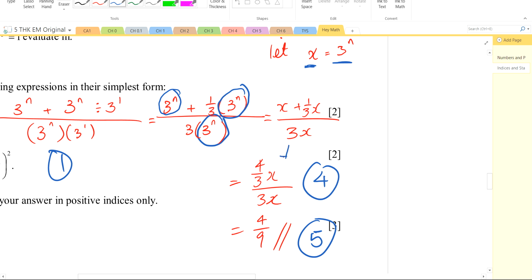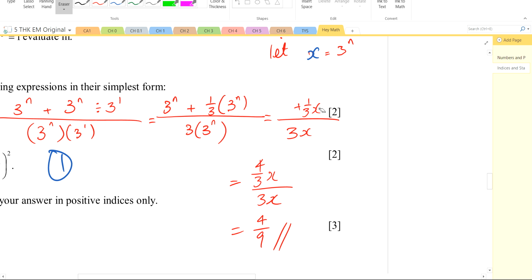So from this step to this step is simply x plus 1/3 x. We all know it's 4/3 x. Then divided by 3x, we get 4 over 9. x and x will cancel off. If we choose not to let x be equal to 3 to the power n, this is what we will end up with.